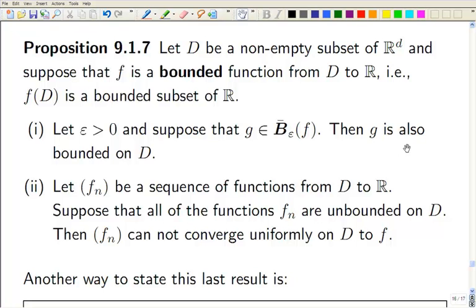So if all functions in the epsilon function ball are bounded functions, then none of these approximating unbounded functions could be in that function ball, or else they'd be bounded functions. So if you can prove one, you get two for free. So all you need to know is that if you're in some function ball centered on a bounded function, you're still bounded.